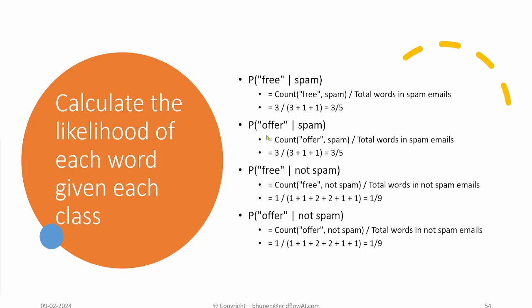Similarly, we do the same computation for all the tokens for that particular class. I have not done it for all the tokens, as the list would be pretty long, but the basic idea is to find out the likelihood based on how many times that token is present in each of the classes. So that defines the likelihood.